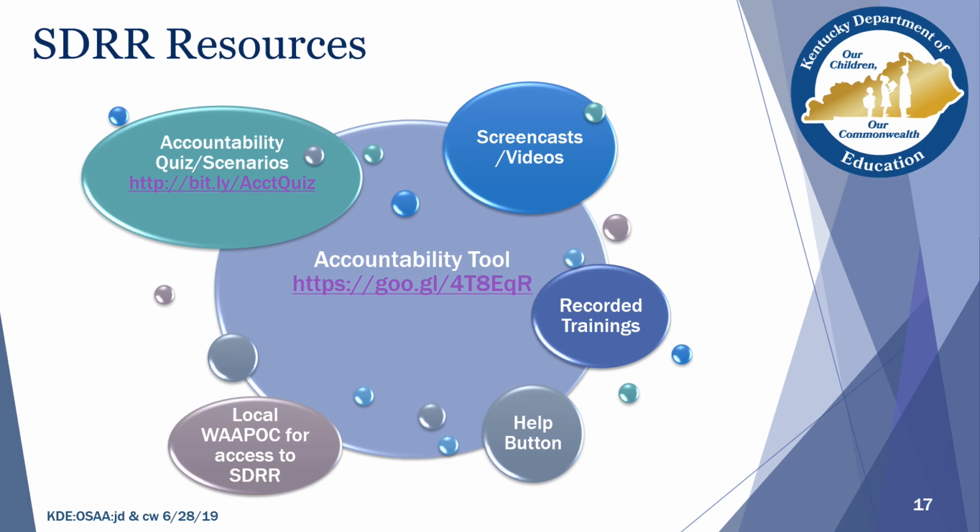Also, your district technology person, your WAPOC, will be the one who gives you access to SDRR, not the Office of Standards Assessment and Accountability. We can't grant you that, only your WAPOC in your district. And then, of course, there are other things that you will see throughout SDRR that will help you when you get to other parts of SDRR, especially with accountability when it comes to data review and other things.